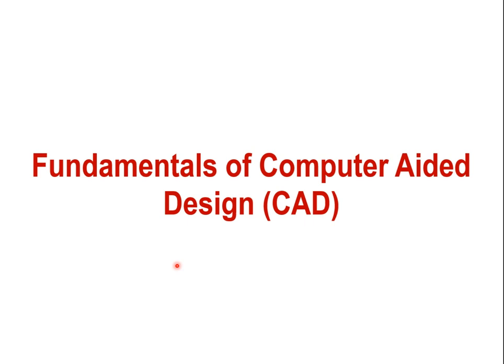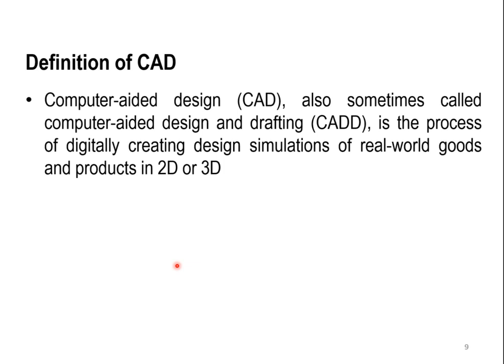Now, let's talk about the fundamentals of computer-aided design, or the CAD system. Everybody knows the CAD system simply as geometric shape only. That's part of the general CAD definition. Computer-aided design, or CAD, is also sometimes called computer-aided design and drafting. The drafting is the process of making the CAD model.